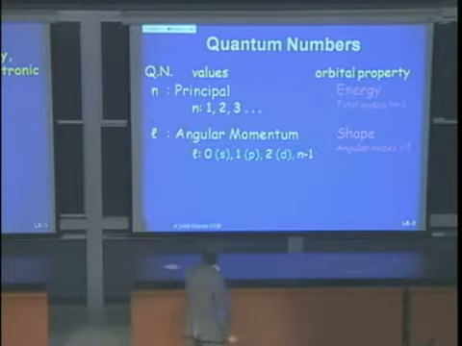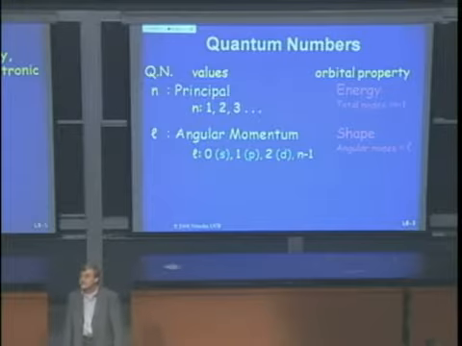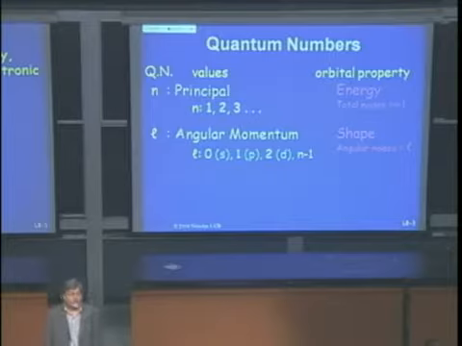So what can L be? L can be 0 and can be 1, okay? So if L equals 0, what is that node? L is the number of angular nodes. It's a radial node then, because the total number is n minus 1.